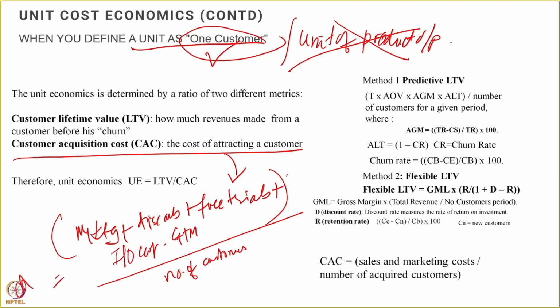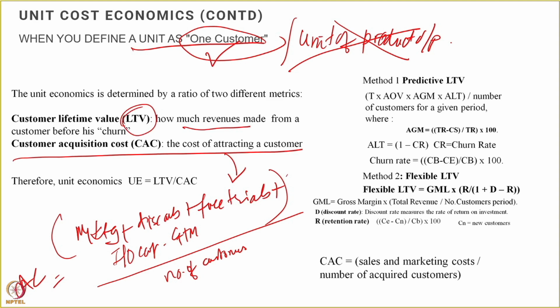All of that you add up and divide by the number of customers that you can reasonably attract through your campaign, and you will get a figure of cost of acquisition per customer.